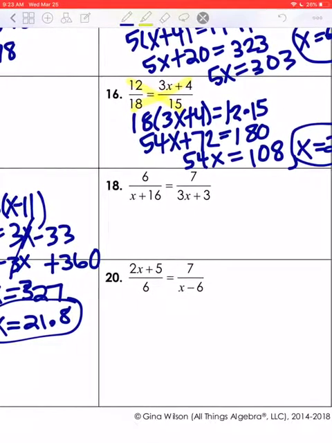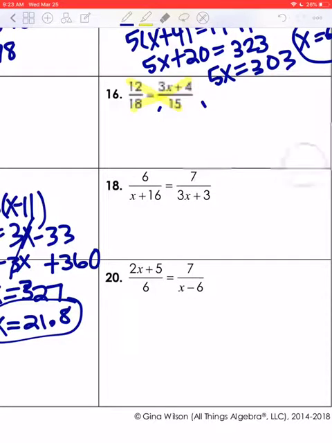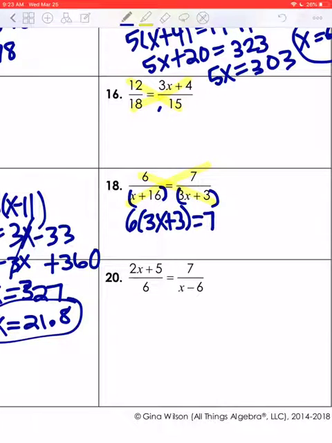Okay, 18. Same idea here. We have two binomials. So now cross multiply. And we will get 6 times 3x plus 3 equals 7 times x plus 16.